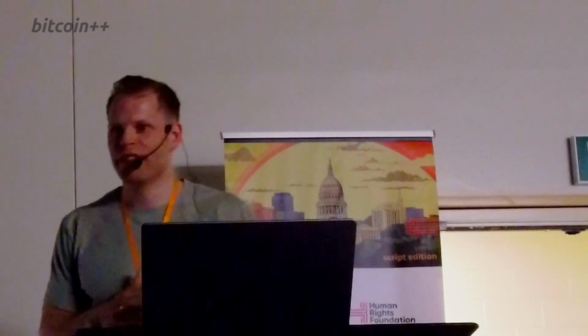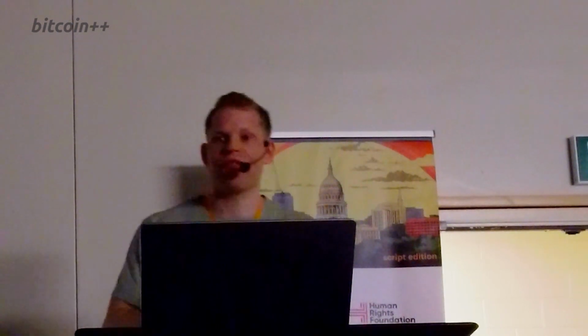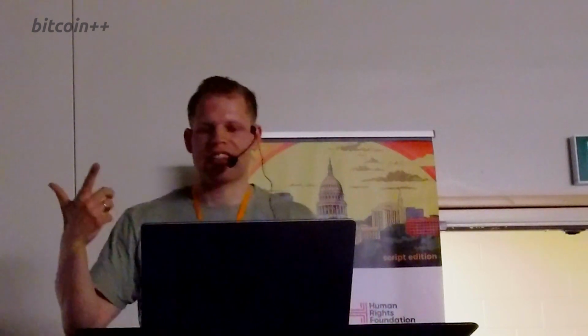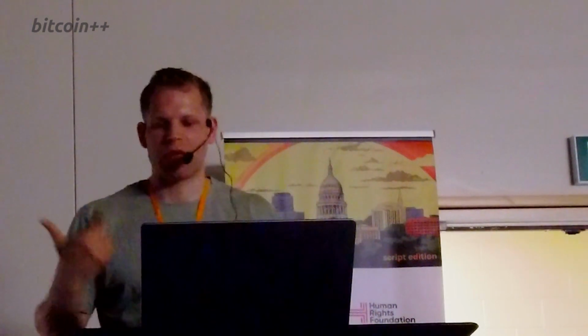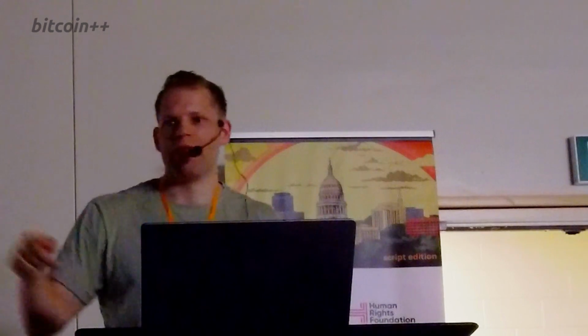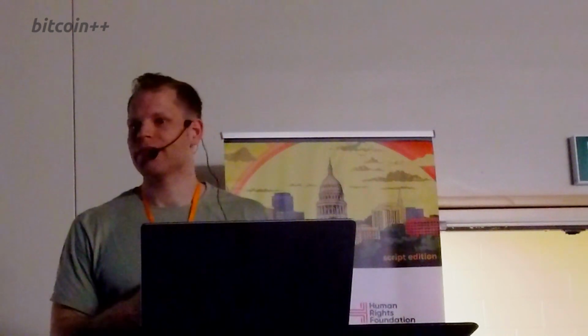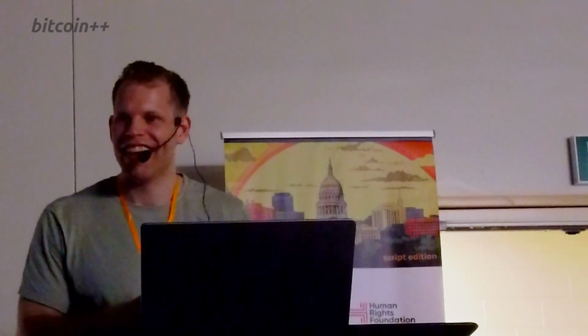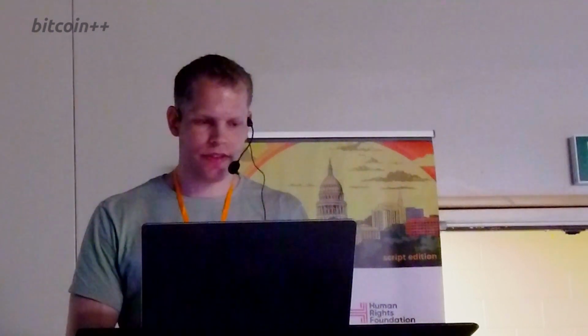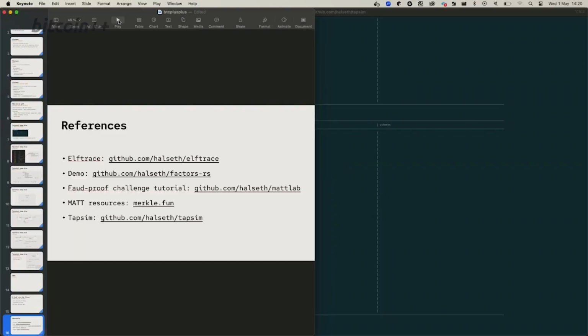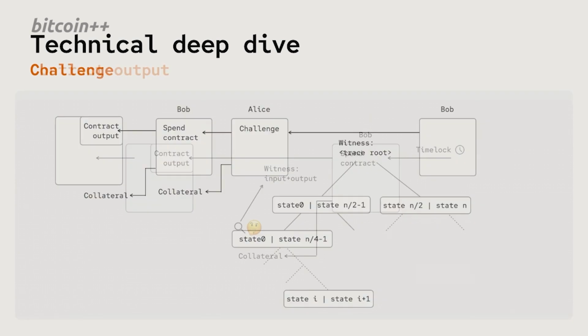It doesn't have to be; only the input needs to be. If you give me some input and I say, oh, the computation with this input is wrong, then give me a trace, and that trace has to be consistent with that input.